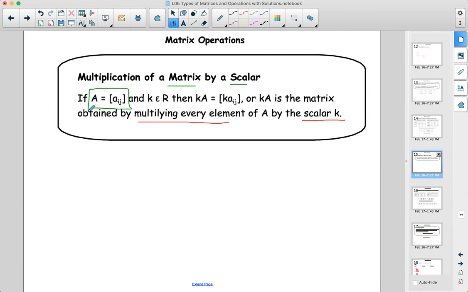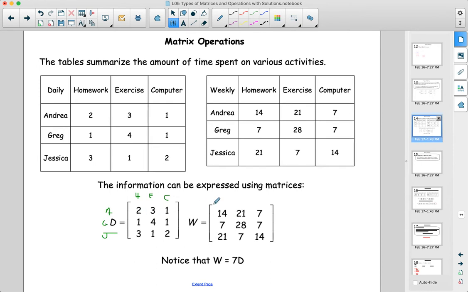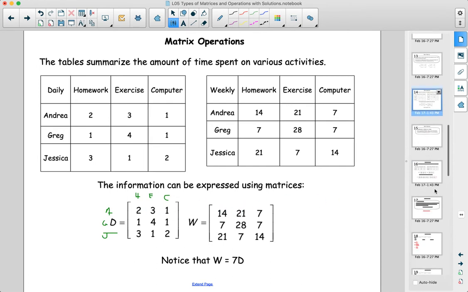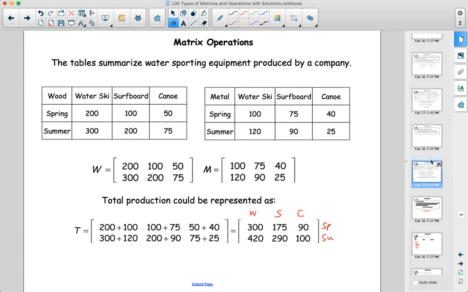Capital A is equal to, and then here are all of our elements, aij. k is a scalar from the real numbers, then we would represent kA as k times A. So notice what's happened. kA is the matrix that you obtain by multiplying every element in A by our scalar k. So that's how you would do that, just like we did here. Every one of these got multiplied by the scalar. All right, next thing we're going to take a look at.